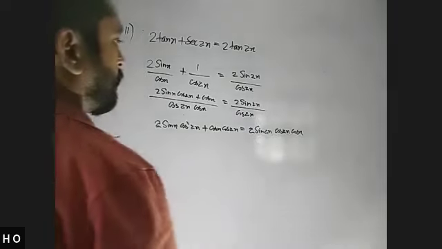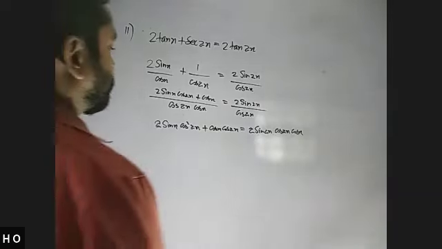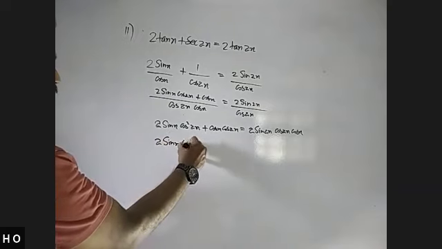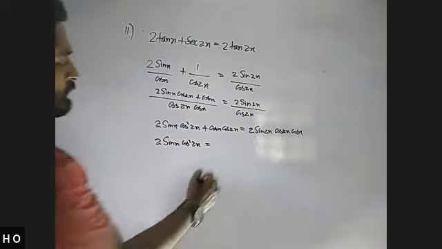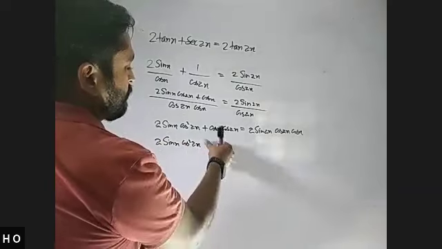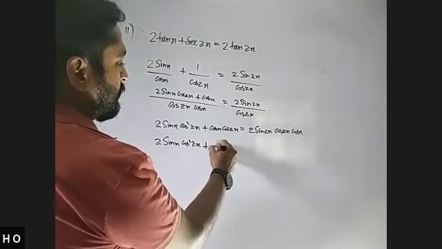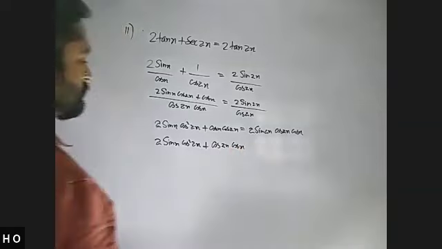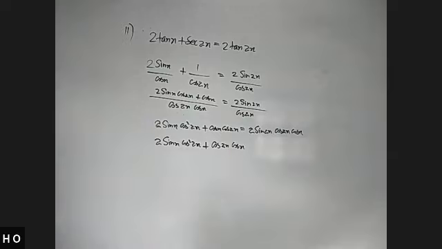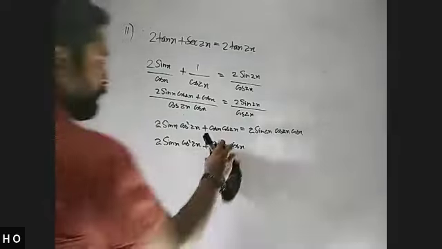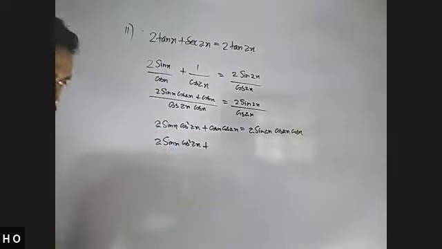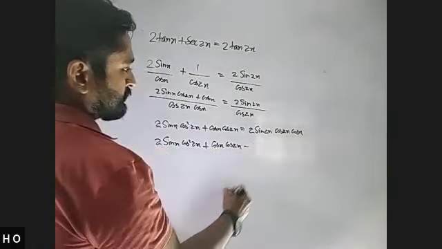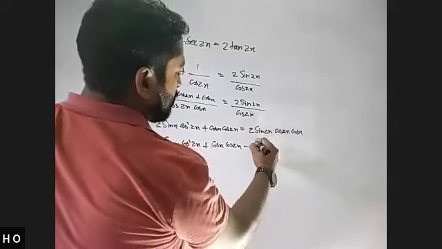There, what we can do further is bring the 2 sin x cos squared 2x to this side by taking cos 2x cos x as common. So we'll continue like this. Cos x cos 2x minus sin 2x is 2 sin x cos x.